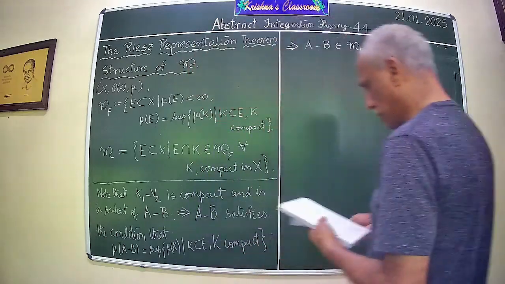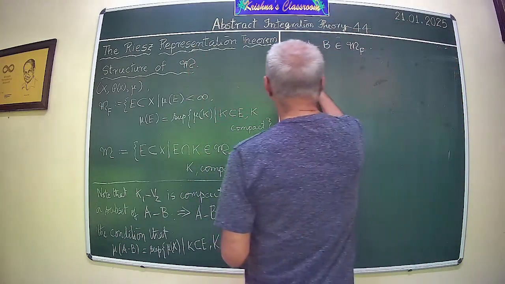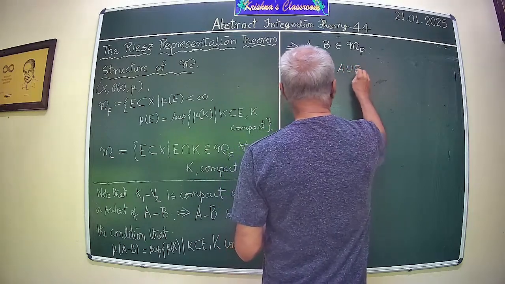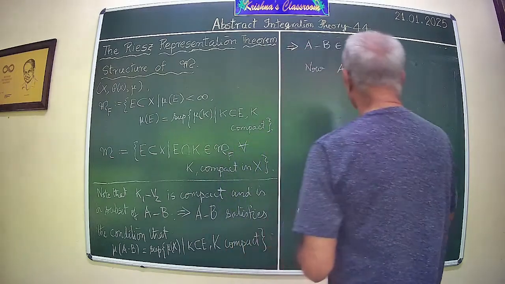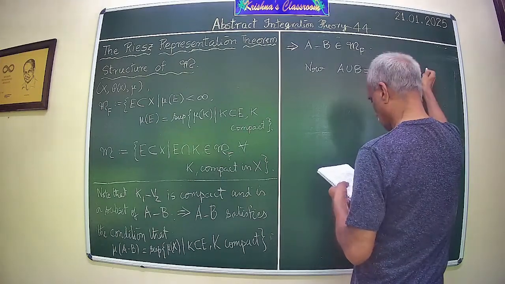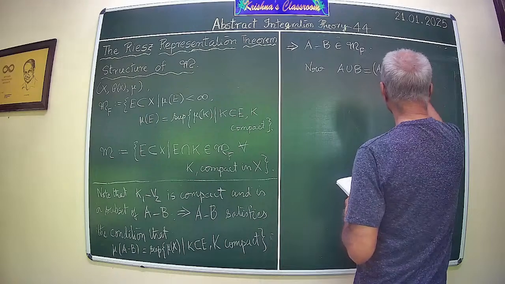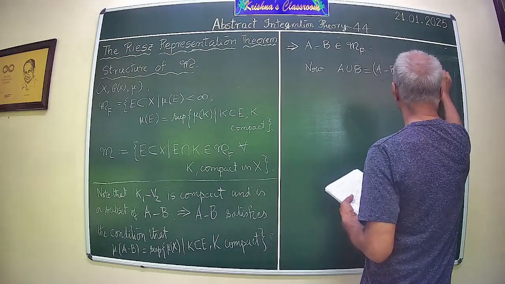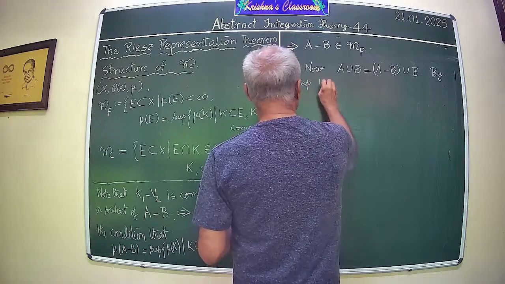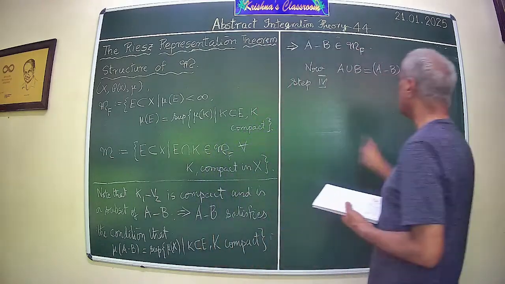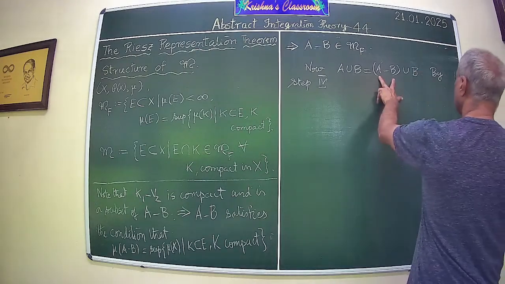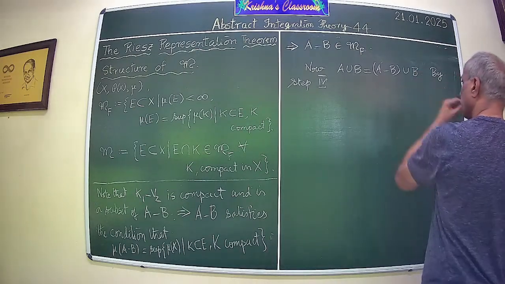Now, A union B is equal to A minus B union B. By step 4, see these are disjoint. This is a disjoint breakup of that. A minus B is in MF, B is also in MF.